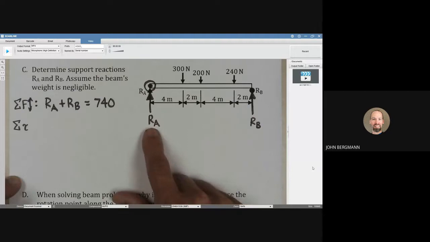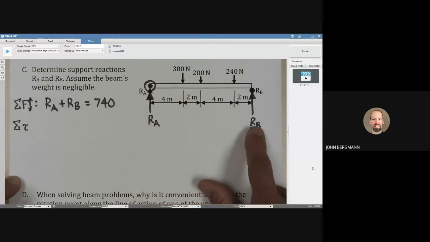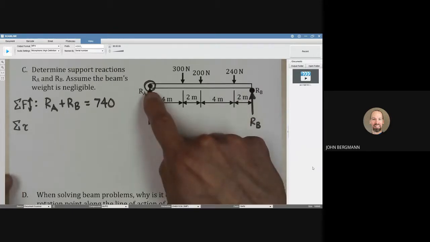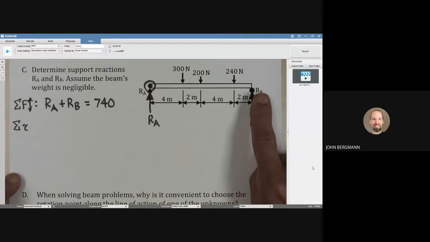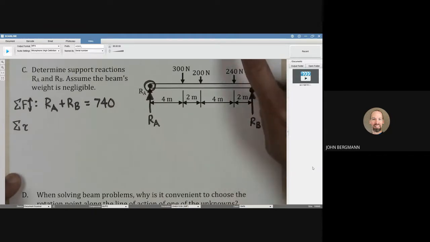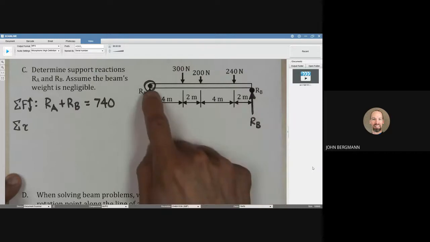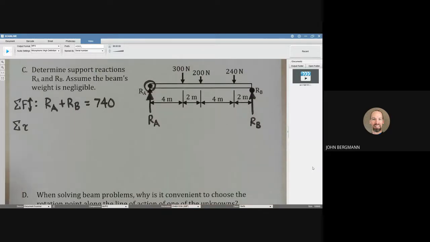RA contributes 0 torque because it's pushing right on the pin. If this is the pin on the left side, RB would tend to rotate the beam counterclockwise. The 300 and the 200 and the 240 would tend to rotate the beam clockwise, wouldn't they, if that was the pin on the left end? The clockwise torques need to add up to be equal to the counterclockwise torques.